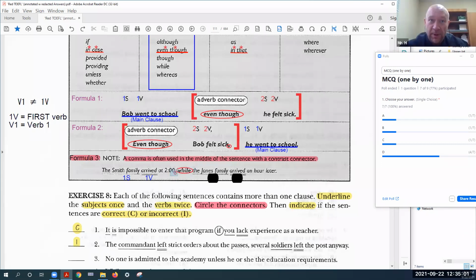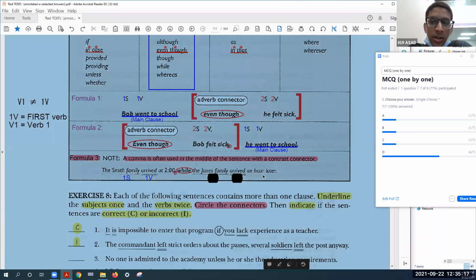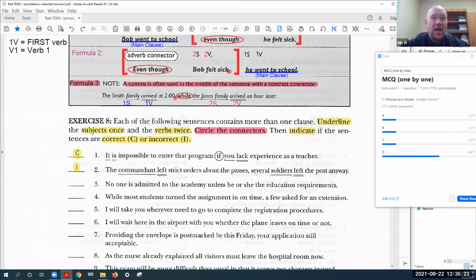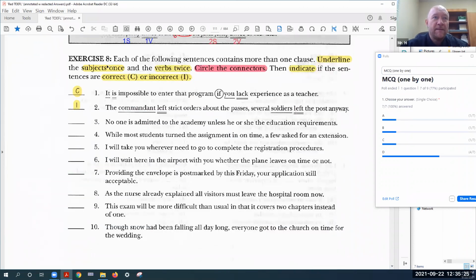But what about this? Comma. Do not forget the comma. So comma, then connector, then the second subject and the second verb. Very good.